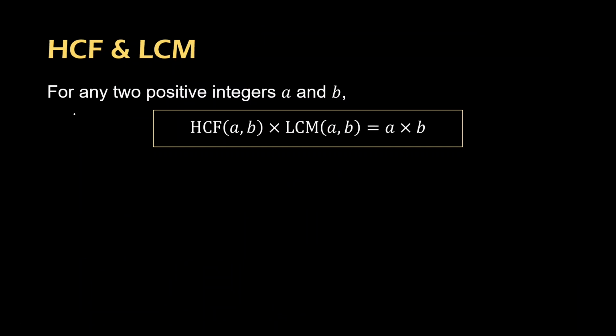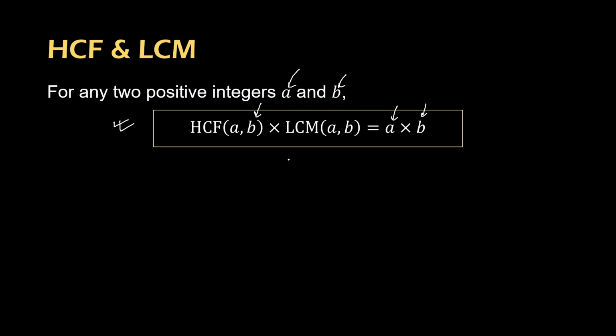For any two positive integers A and B, HCF of A and B into LCM of A and B is equal to A into B. This is very important because if we know those two numbers and if we know the HCF of those two numbers, then we can easily find the LCM of both those numbers.